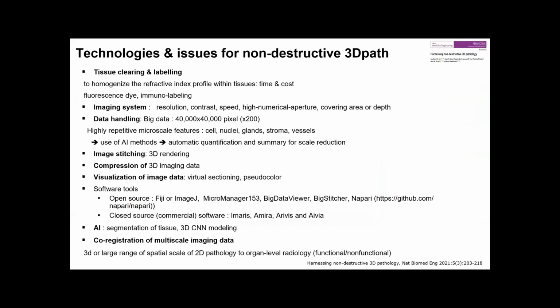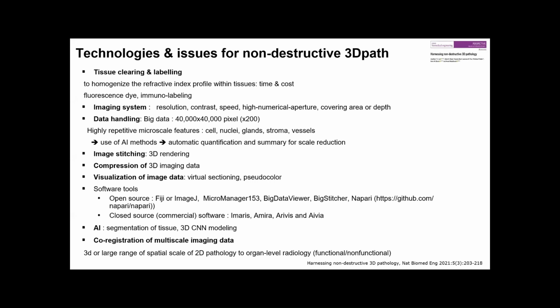These are the listed issues for non-destructive tissue imaging. In tissue clearing and labeling, time, cost, image reproducibility, and biosafety are important considerations. In the imaging system, resolution, contrast, speed, and the covered area or depth of tissues are essential considerations.